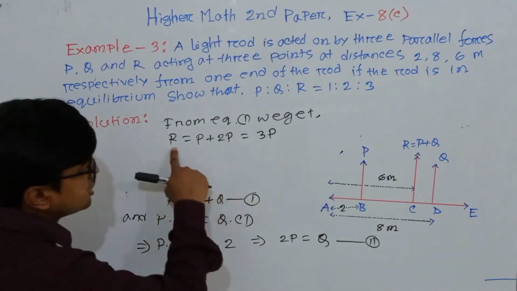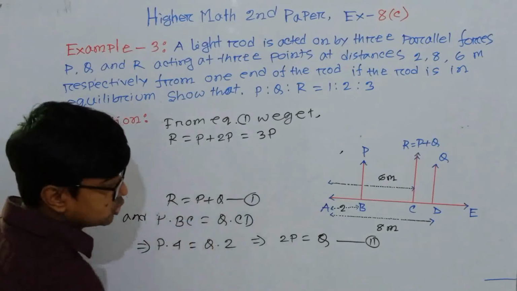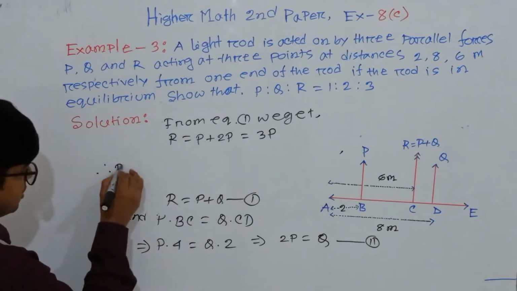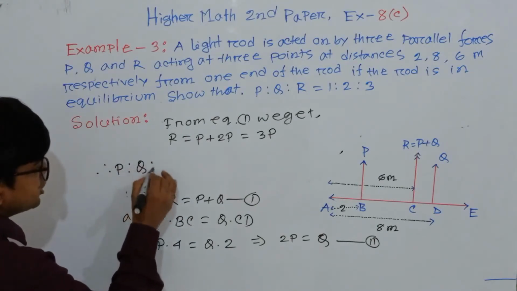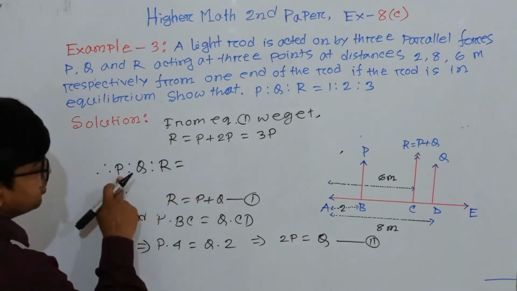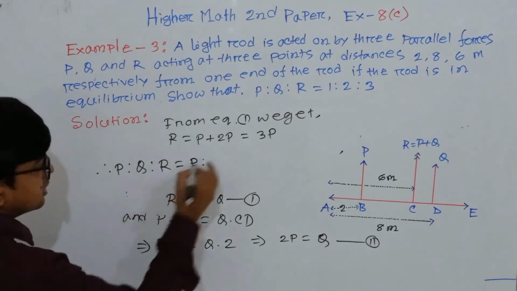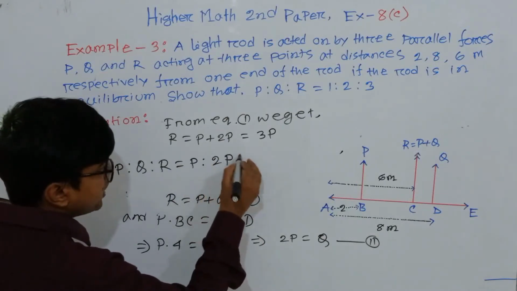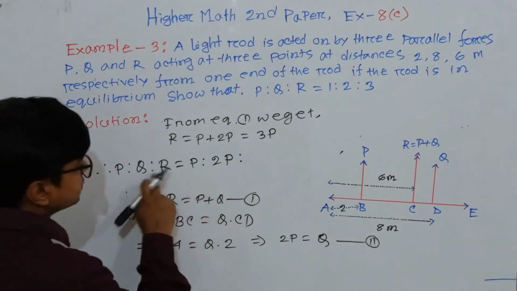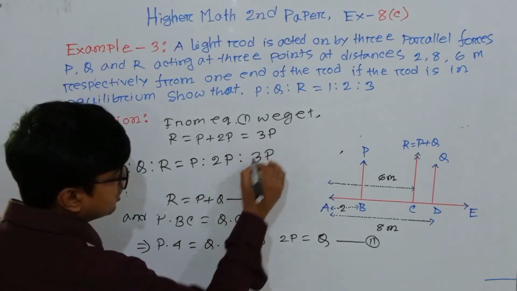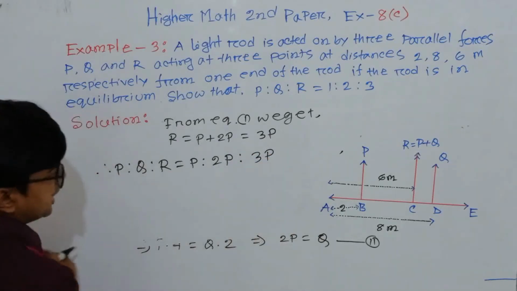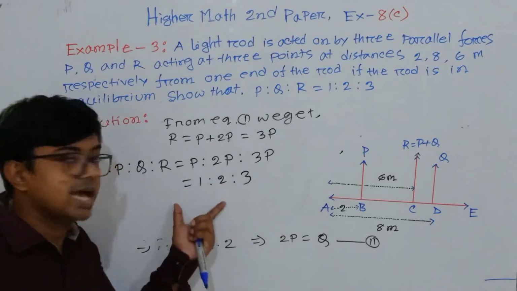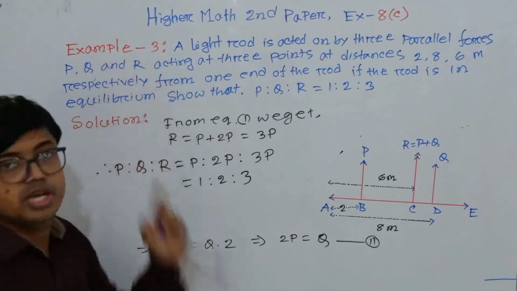Here R equals 3P and Q equals 2P, and now we can write P is to Q is to R equals P is to 2P is to 3P. After this line, we can write therefore 1:2:3. This is the required answer of example 3.